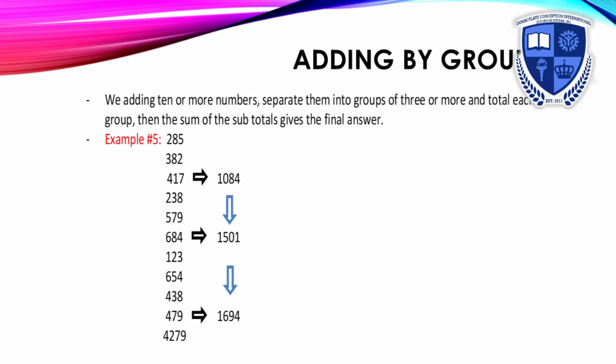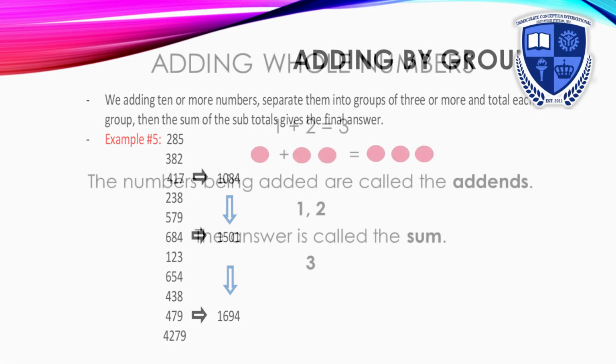Then, 123 plus 654 plus 438 is equal to 1,694. Now, let's add 1,084 plus 1,501 plus 1,694, which is equal to 4,279. So, this is the example for adding by grouping, class.